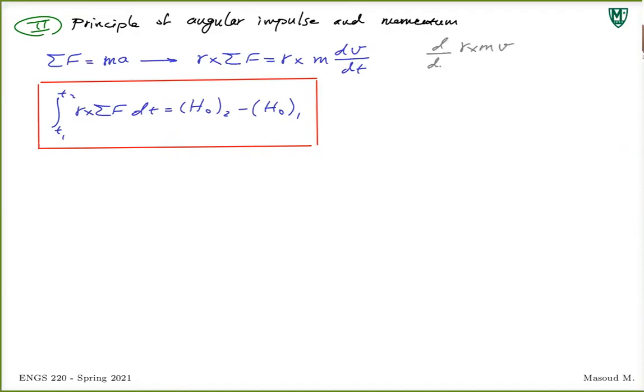I want to show that d/dt of this is equal to what we have on the right side. This is just a side note to show where the whole thing came from. If I take the derivative with respect to time of R cross mV, this becomes dr/dt cross mV, plus R cross m dv/dt. Now dr/dt is v, right? Velocity.